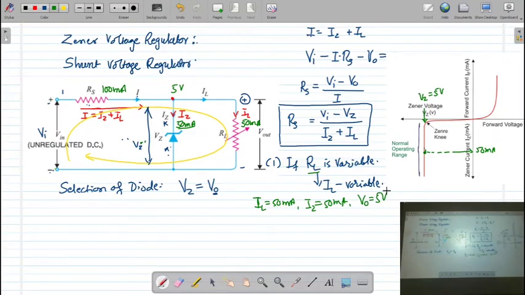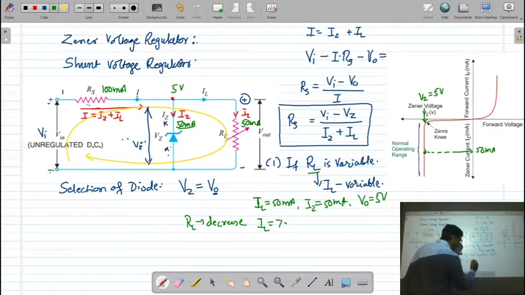Correct? Now I am changing the RL. I am decreasing the RL. Then what will happen? Load current will increase. So let us say my new load current becomes 70 milliampere.